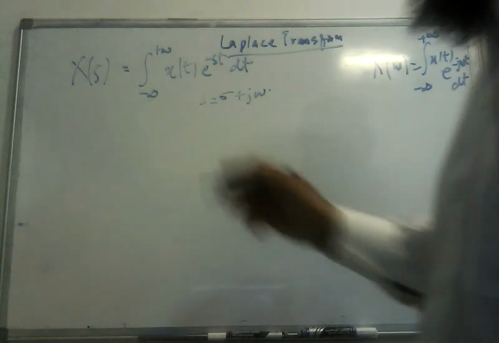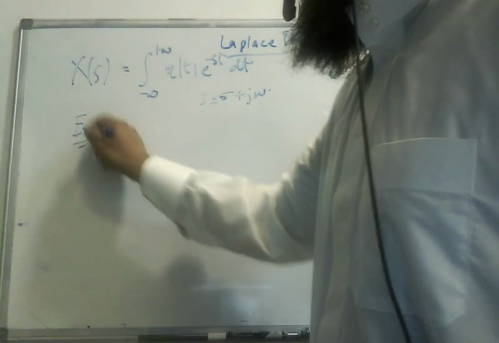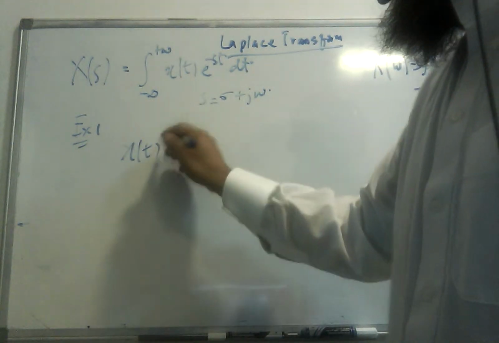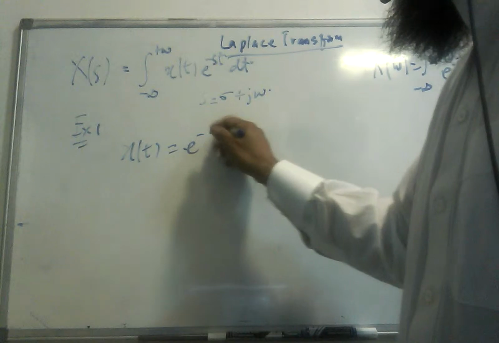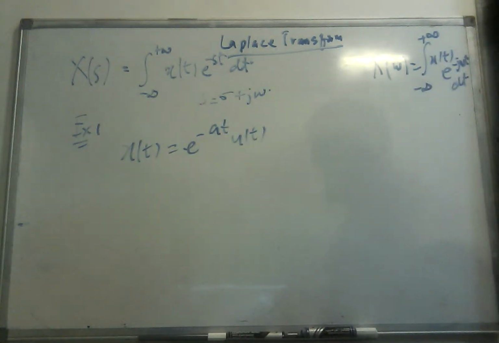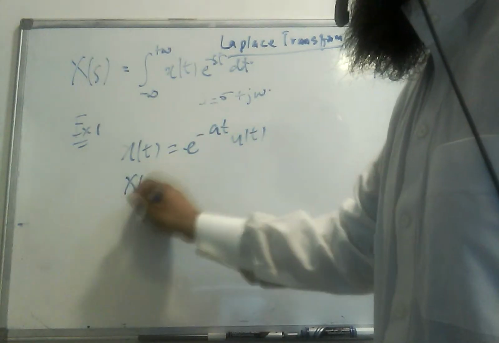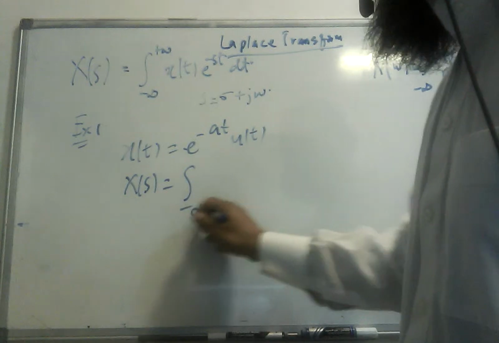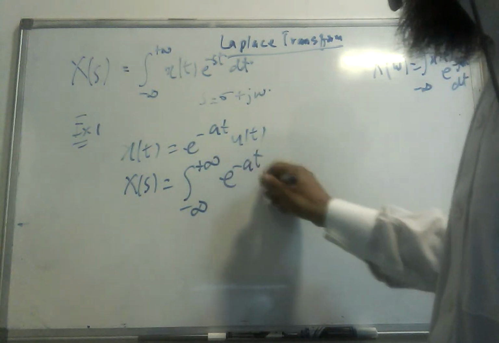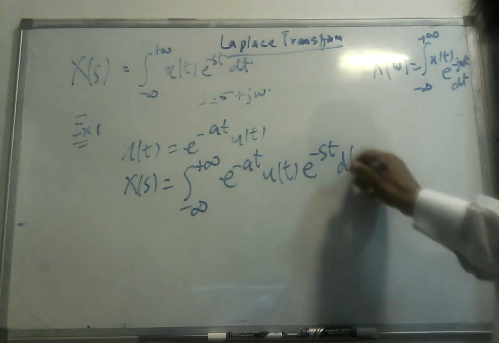Now let us do an example in which we have to find the Laplace transform of the function e raised to the power minus at u of t, as we did for X of omega. So the Laplace will be equal to the integral from minus infinity to plus infinity of e raised to the power minus at u of t, e raised to the power minus st dt.